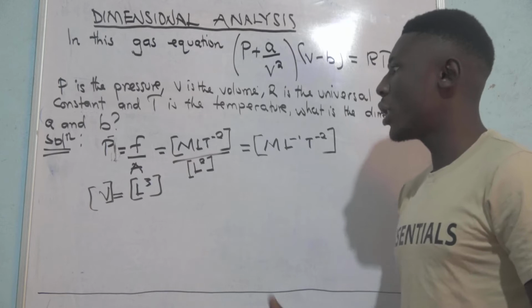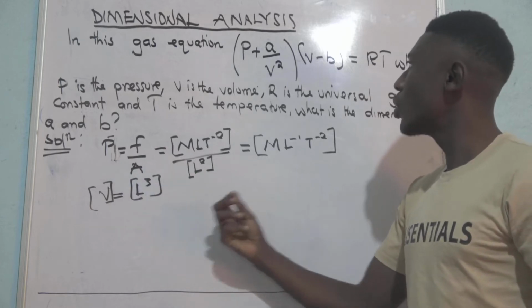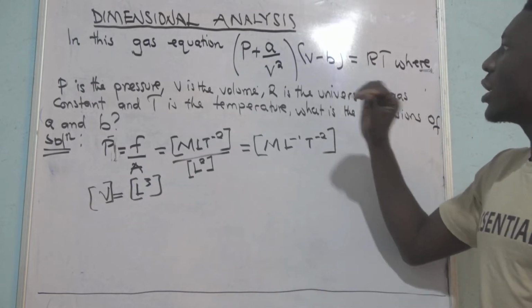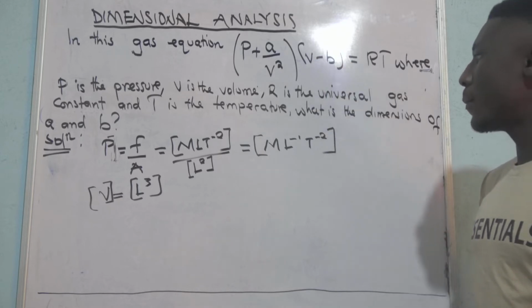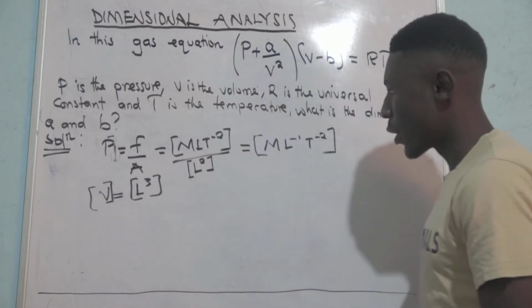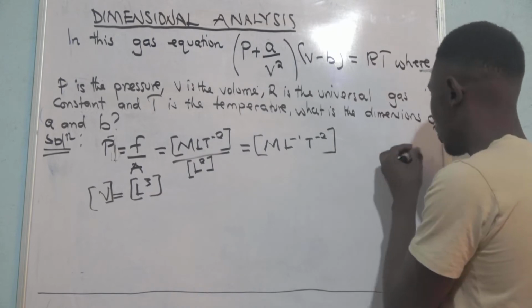Now, since we found the dimensions for pressure and for volume, we can come to finding the dimensions for a and b. Because of space, I'm simply going to write this information on this part.